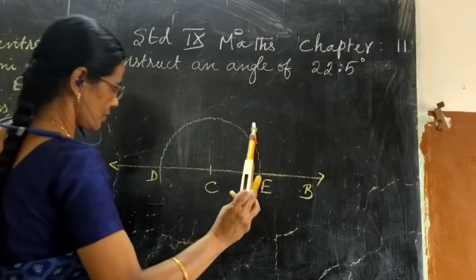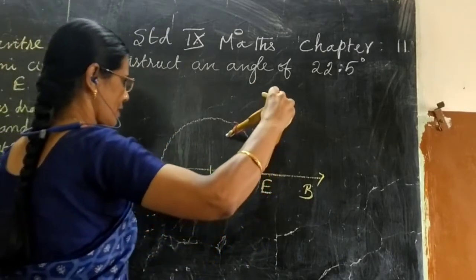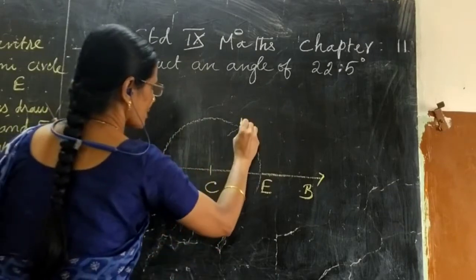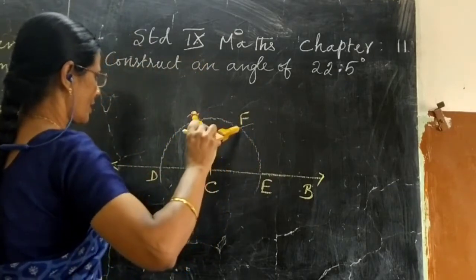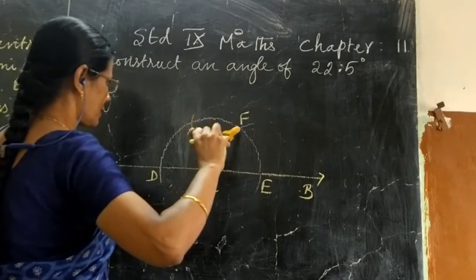E center and with the same radius, an arc is drawn. The point of intersection is F. F center with the same radius, another arc is drawn on the semicircle.